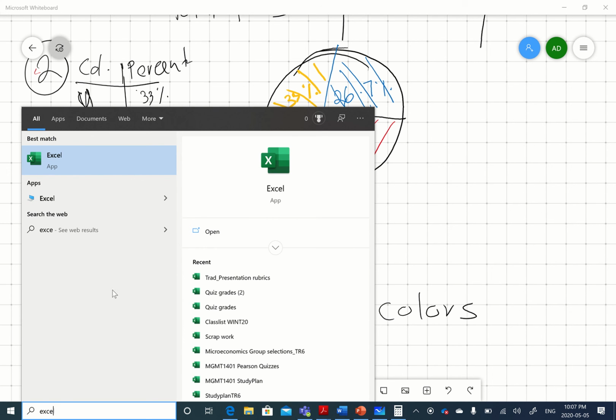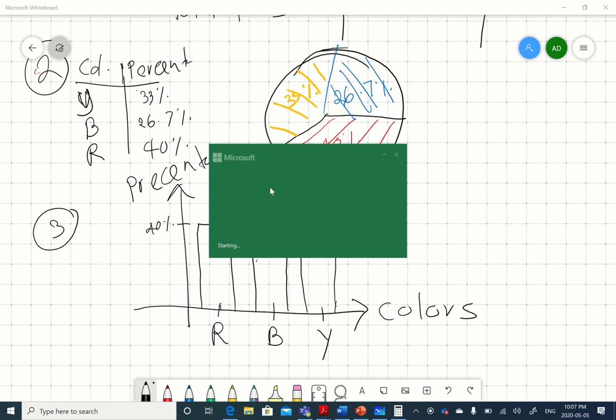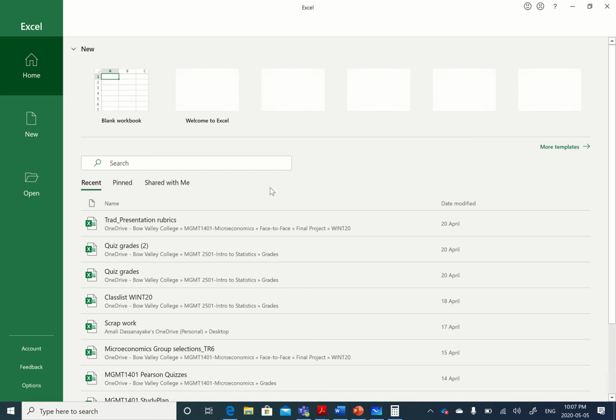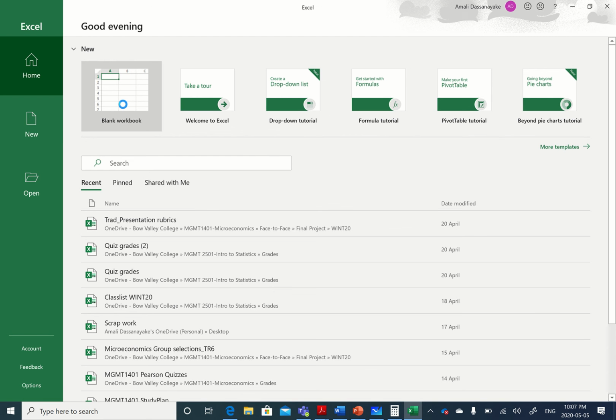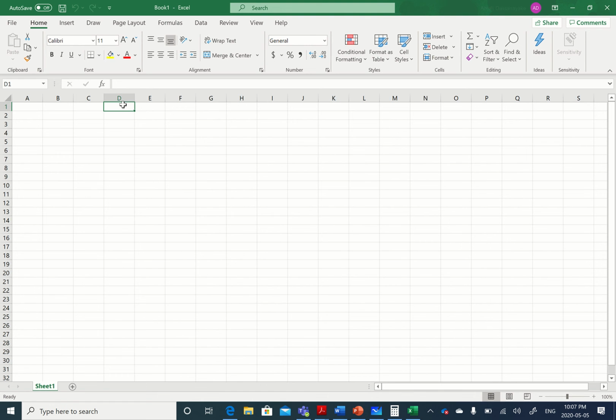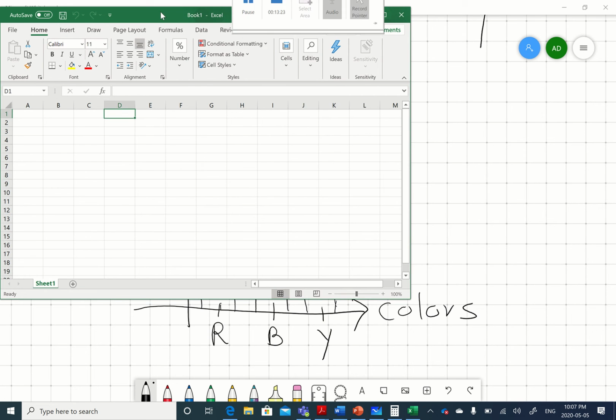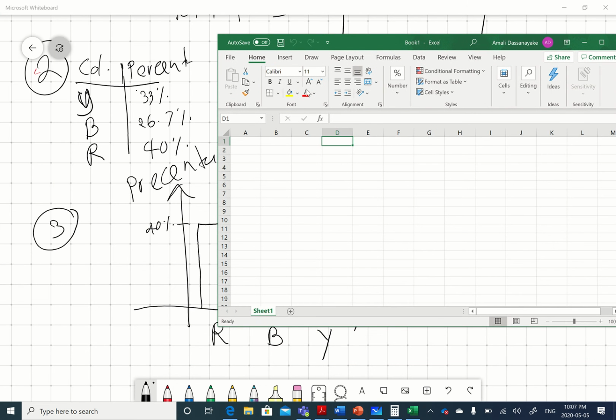So let's quickly get this done in Excel. You can just type your frequency table in this Excel sheet. So let's say colors, and then the percentage.